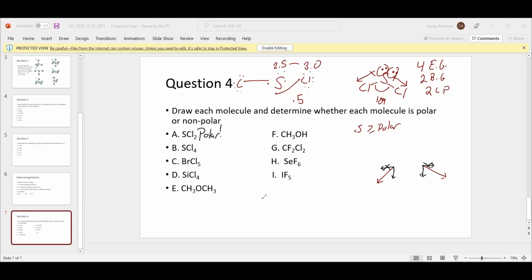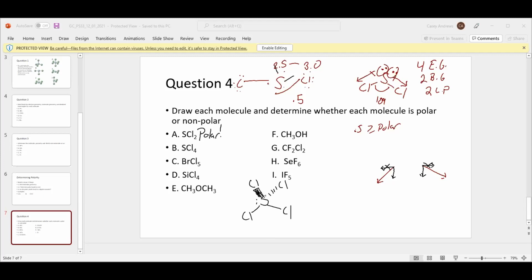Let's look at SCl4 though. For SCl4, one of my lone pairs is now gone, and I have 4 chlorines.